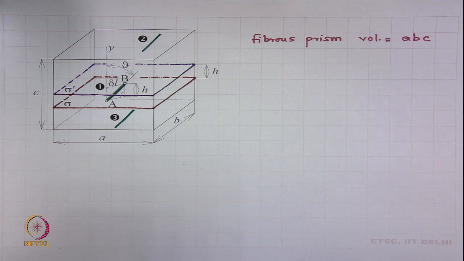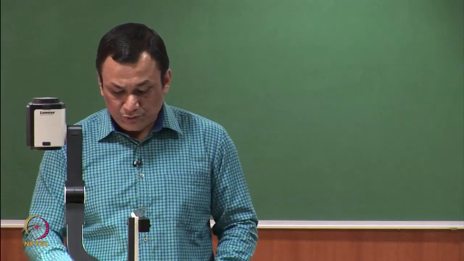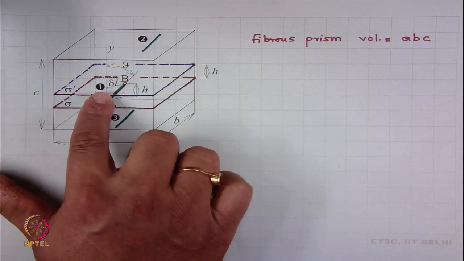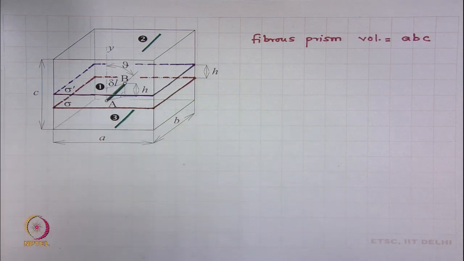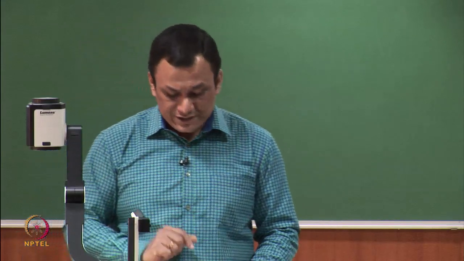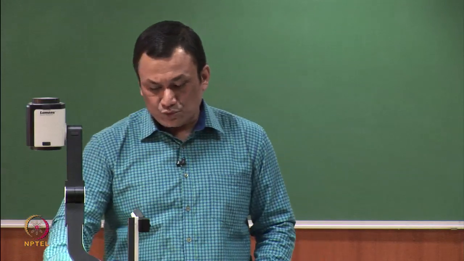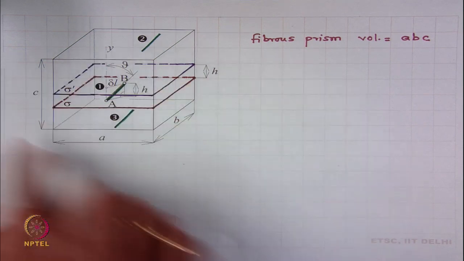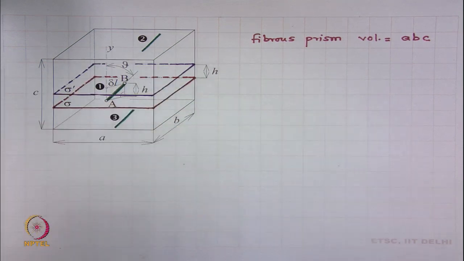So, there are numerous fiber segments which will be intersected by these two sectional planes. However, there could also be many fiber segments which will not at all be intersected by these two sectional planes. For example, fiber segment number 2, fiber segment number 3, they are not intersected by these two sectional planes.